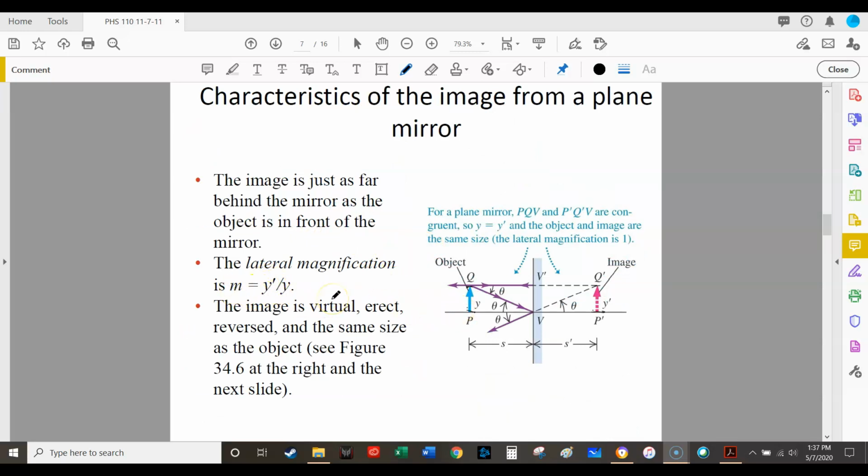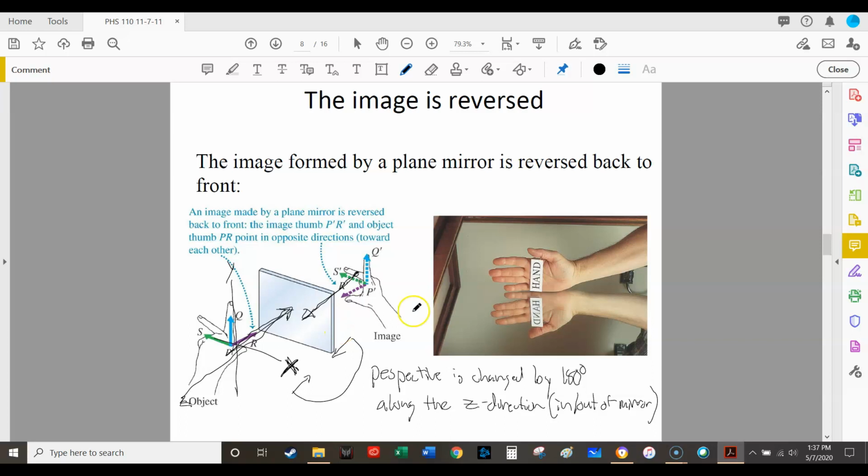The magnification, by the way, is the height of the image over the height of the object. So this is image height, this is object height, and this is image distance over the object distance, right? Anyways, it's taking the heights of those two things, and it reverses your perspective along the Z direction.